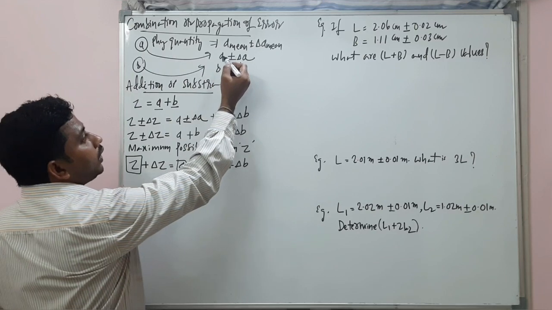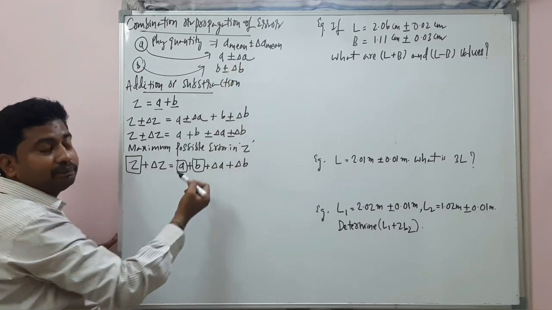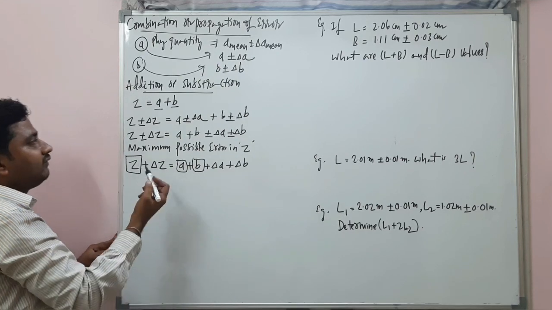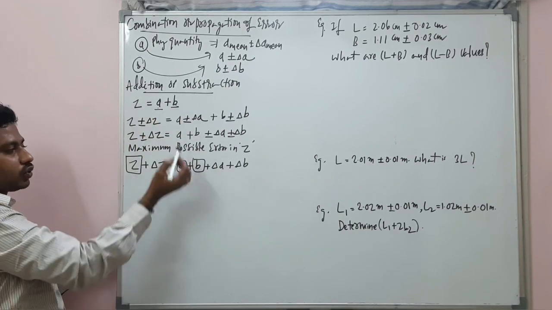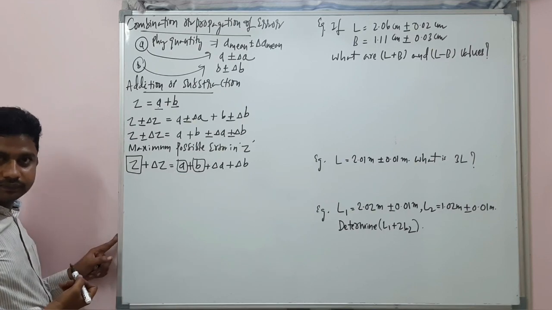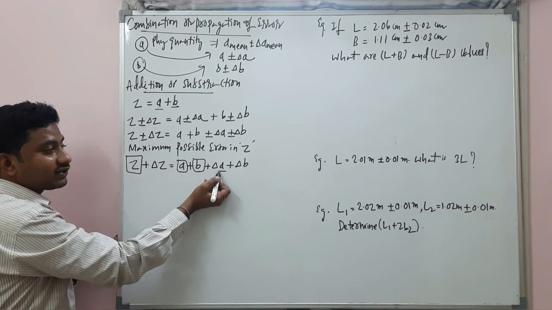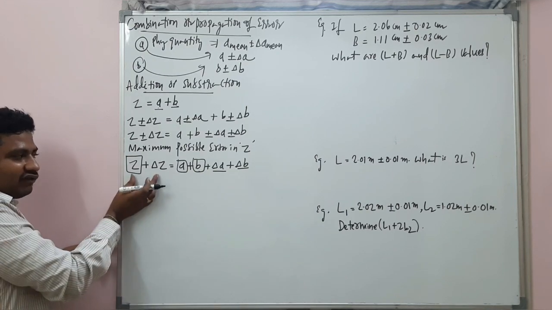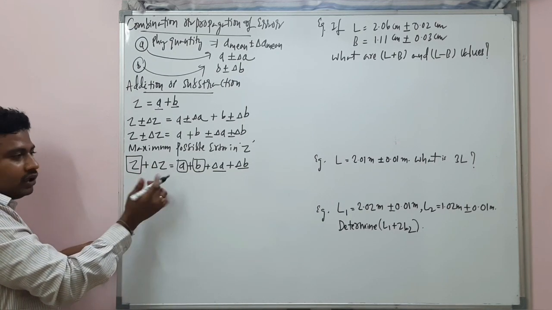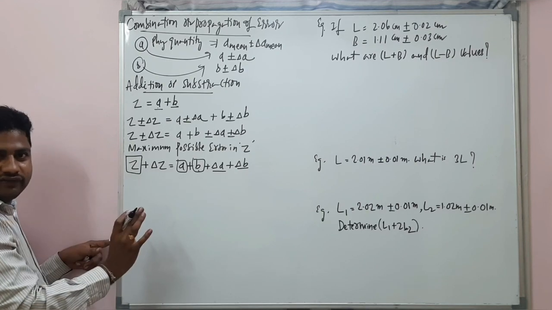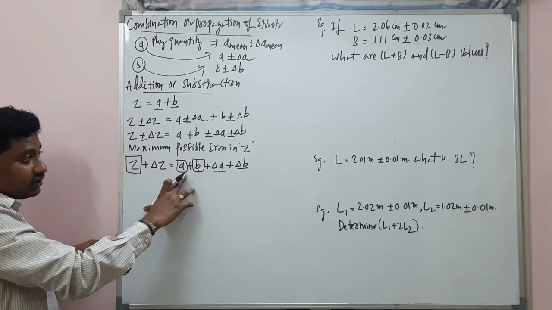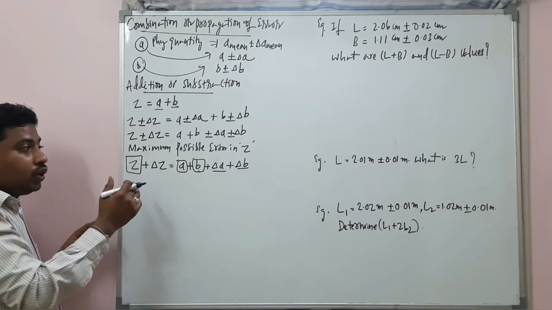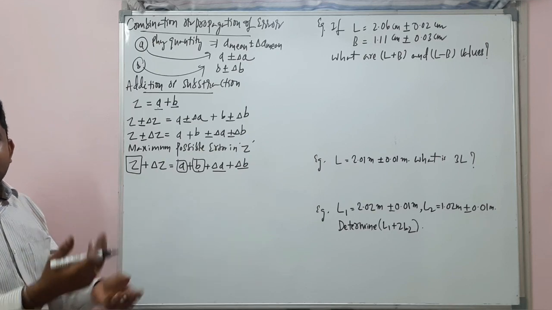When we are finding A plus B, the true values need to be added directly, and then the errors also need to be added directly, delta A plus delta B. When we solve some examples, you will understand it carefully.